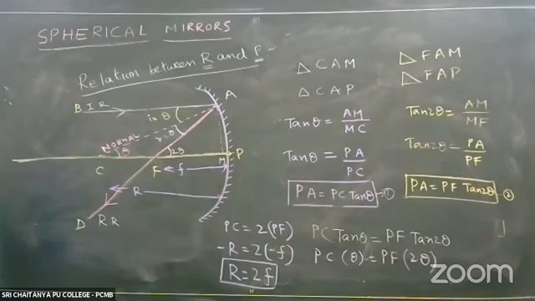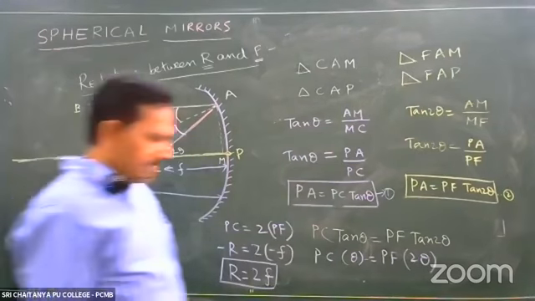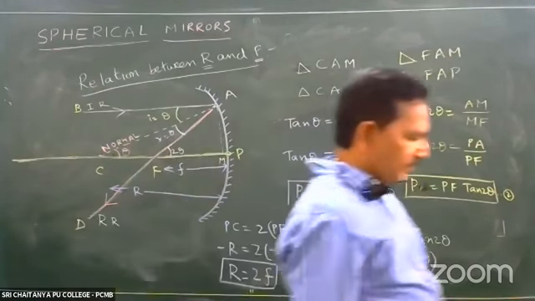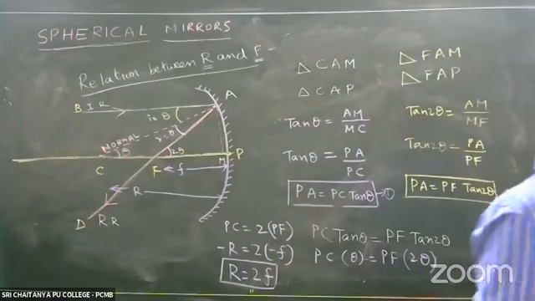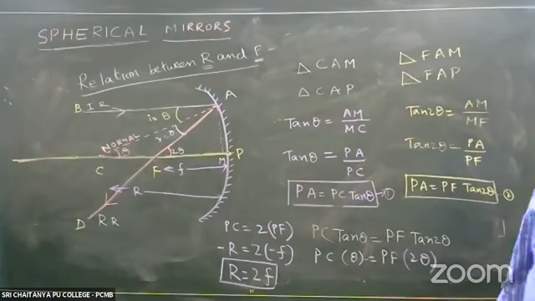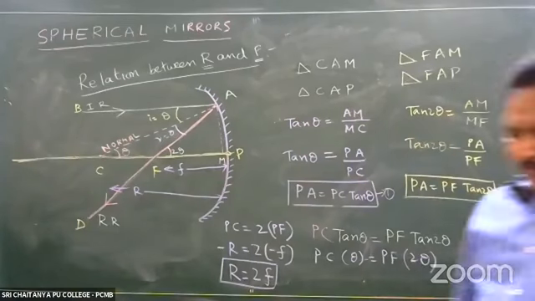R is equal to 2F, where R is the radius of curvature and F is the focal length. In the problems, if F value is given, you are asked to calculate R. If R value is given, you are asked to calculate F. Relation: R is equal to 2F.